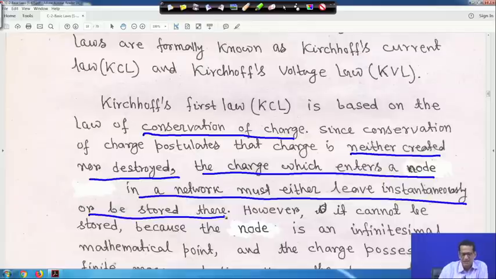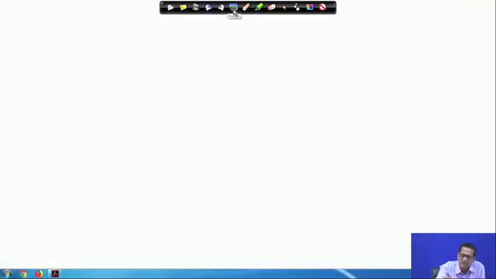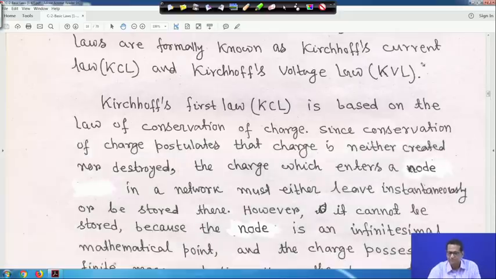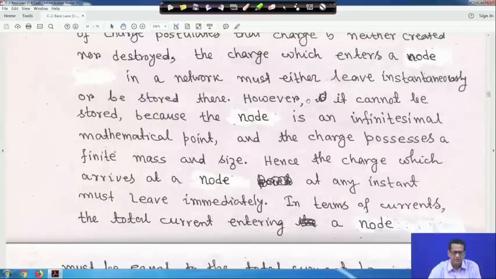However, it cannot be stored, because the node is an infinitesimal mathematical point. Charge actually possesses a finite mass and size.